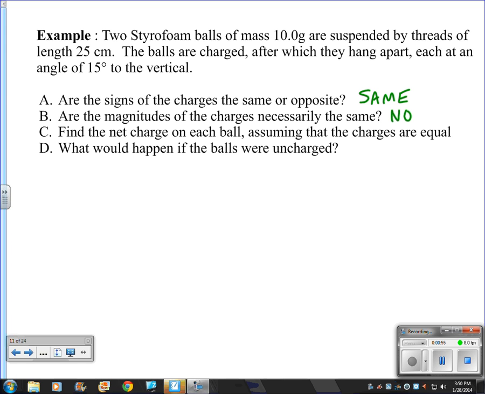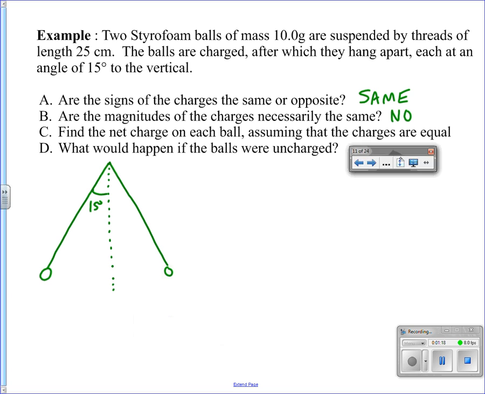Okay, I'm going to sketch this and then solve it. So I'm going to start by drawing in a vertical line, because they tell us that each ball is at an angle of 15 degrees to the vertical. And there are 3 forces on each ball.